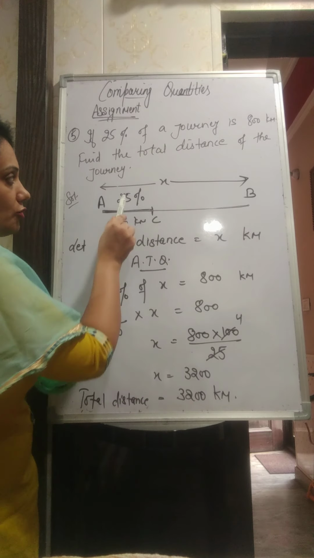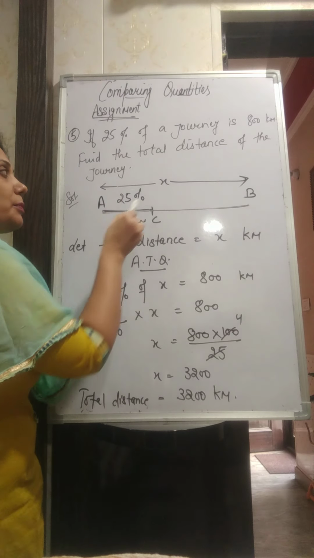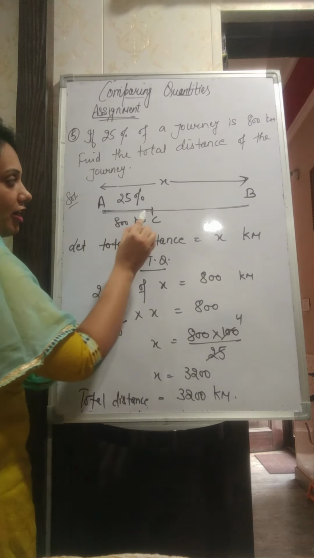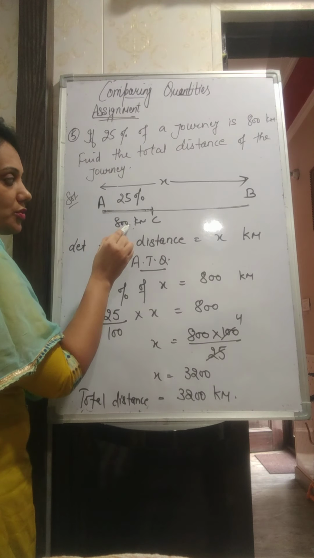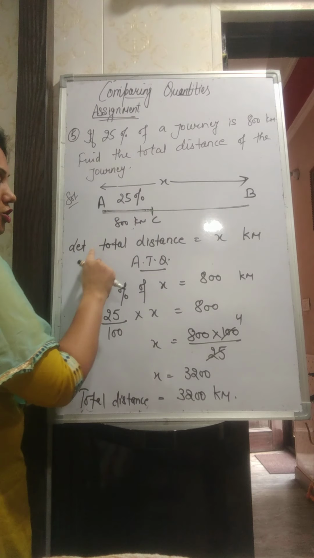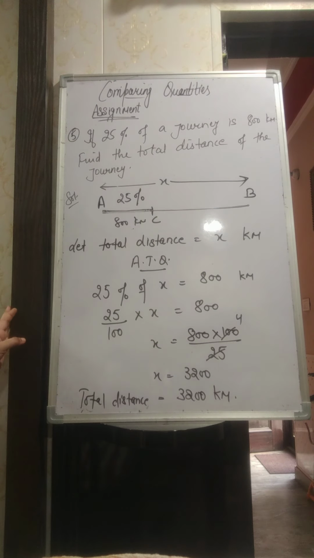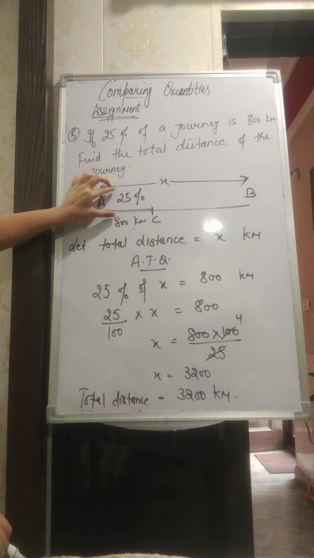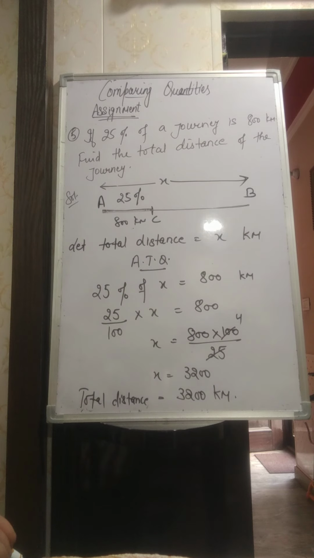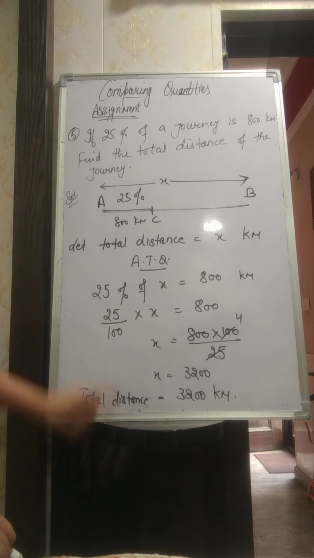800. So we have been given the distance covered by the person and the percentage covered by that person. So 25% is equal to 800 kilometers. We have to find the total distance. So the total distance we will assume x kilometers according to the question. This 25% of the total journey is equal to 800. So 25% of x is equal to 800.